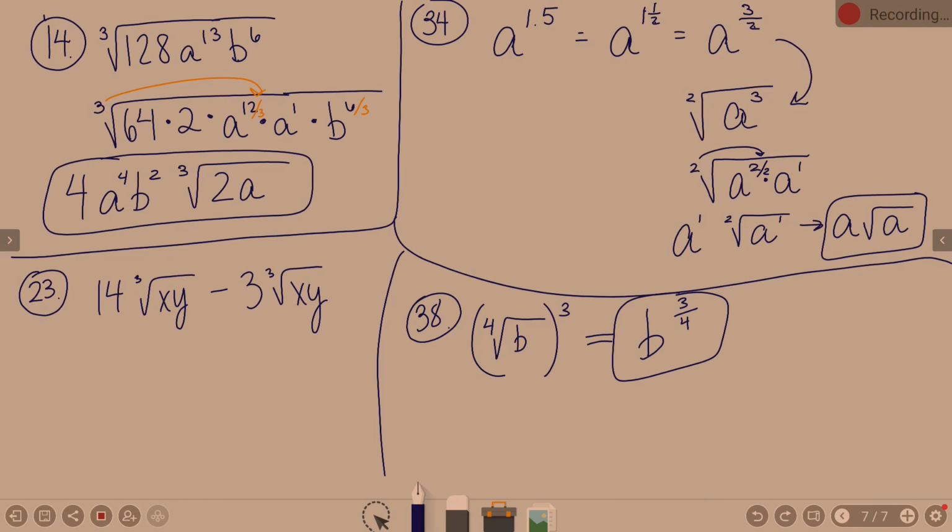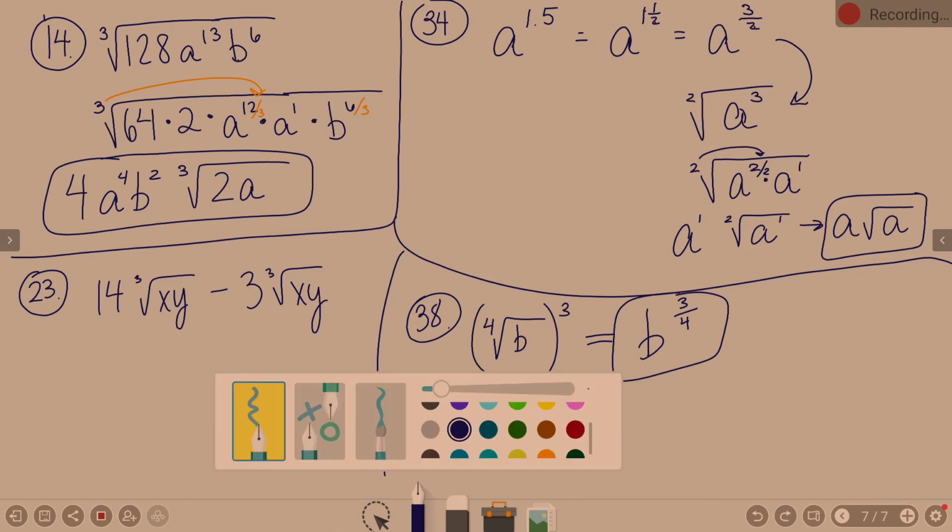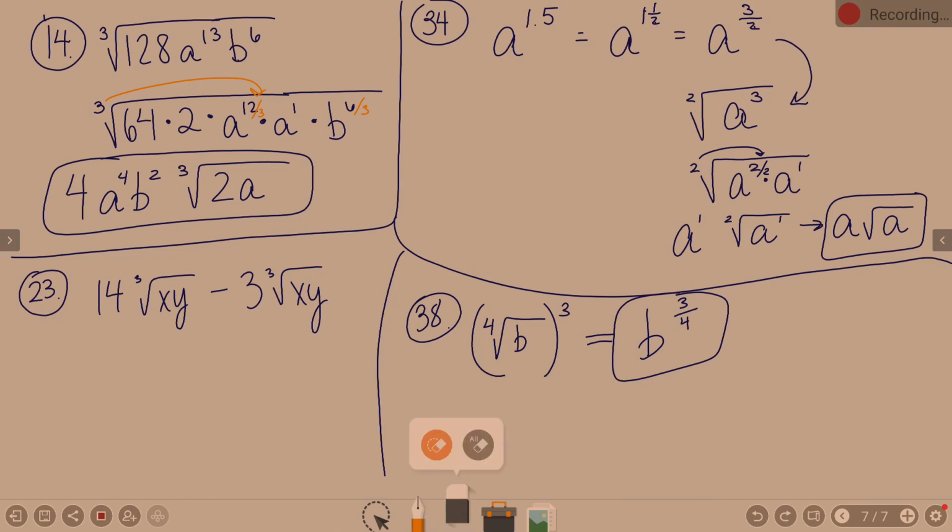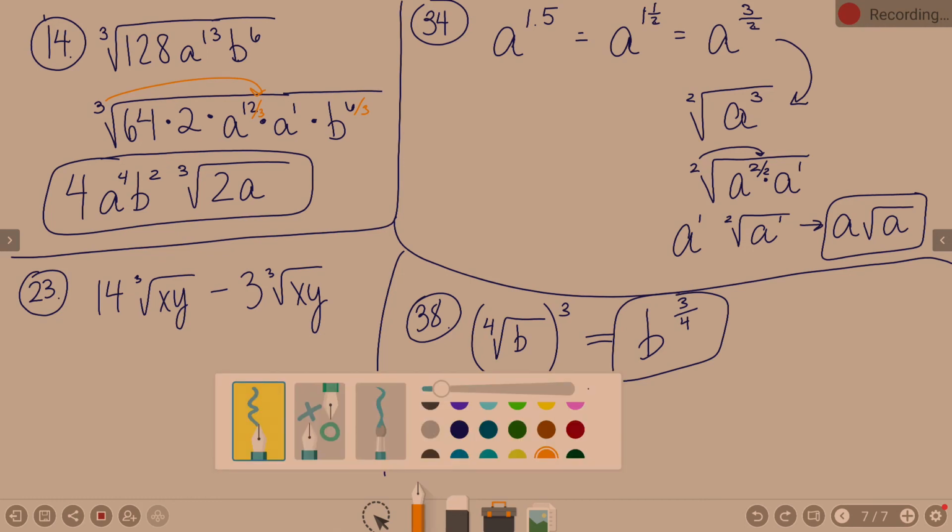Cube root of xy minus 3 cube root of xy. The directions just say simplify. The key here is, can I subtract these? Yes, because what's the rule in order to subtract them? They have to have that same radical there, right?